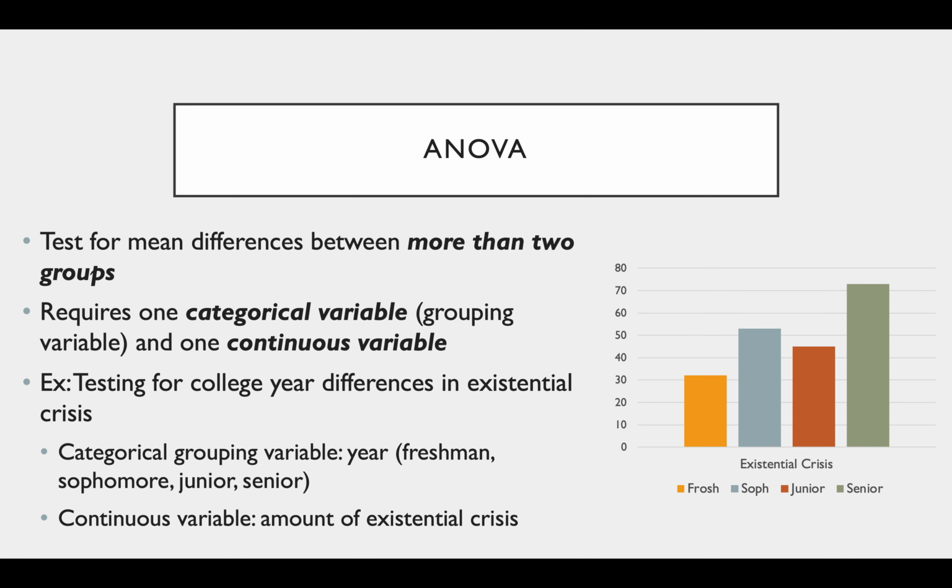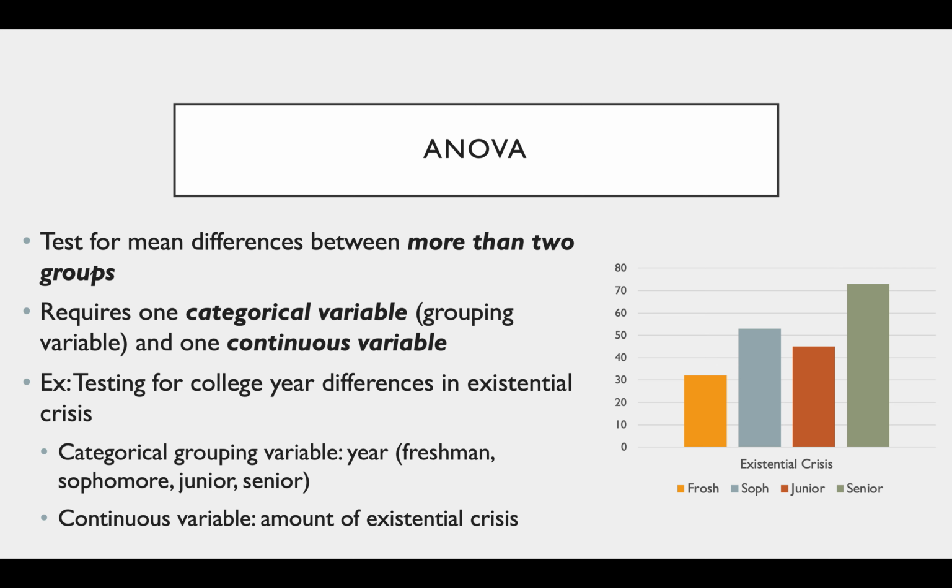As soon as you have more than two groups, you get into the land of ANOVAs. ANOVAs are very similar to t-tests in that you're still looking at the effects of a categorical independent variable, some kind of grouping variable, on a continuous dependent variable. Let's say I was interested in the amount of existential crisis feelings in college across year in college.